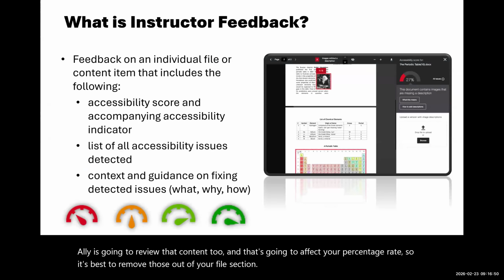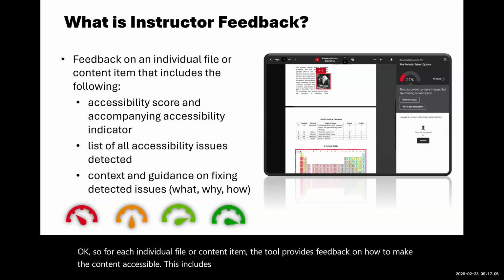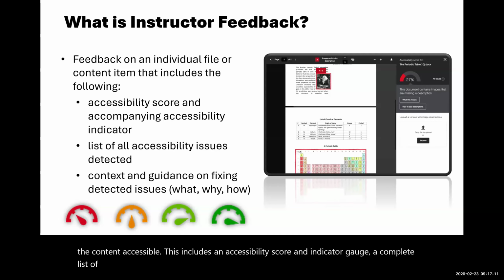Okay. So for each individual file or content item, the tool provides feedback on how to make the content accessible. This includes an accessibility score and indicator gauge, a complete list of identified accessibility issues, and guidance on what the issues are and how to resolve them.